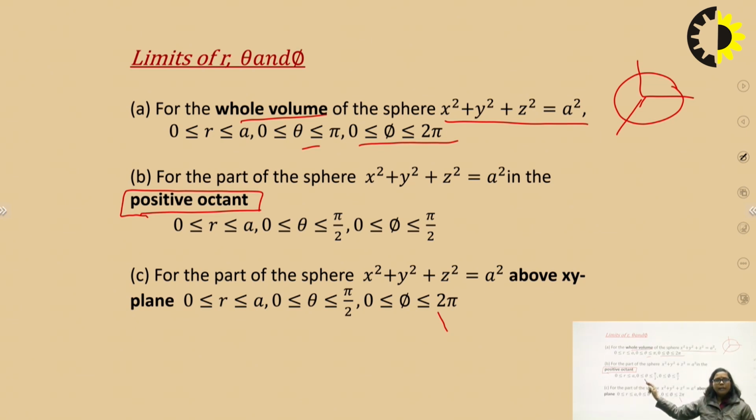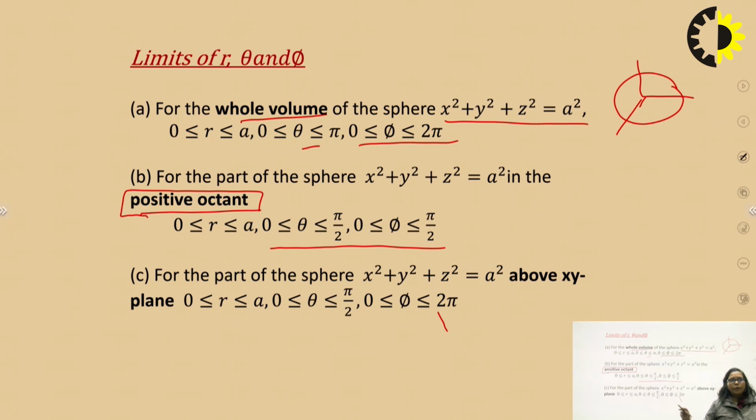The limit for theta now changes to only 0 to pi by 2, means you are taking only the portion which lies in the positive octant. And phi also, for the positive octant, takes the value from 0 to pi by 2. So you need to remember that for the positive octant, theta and phi both take limits only from 0 to pi by 2.